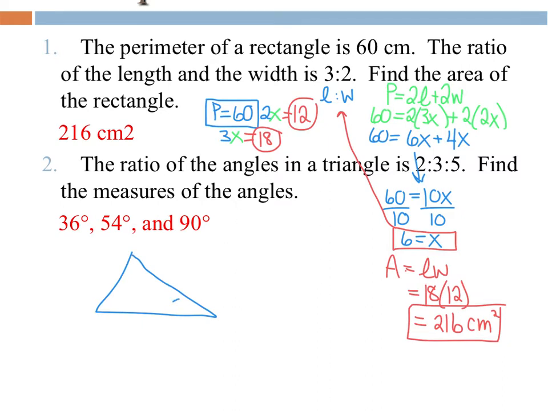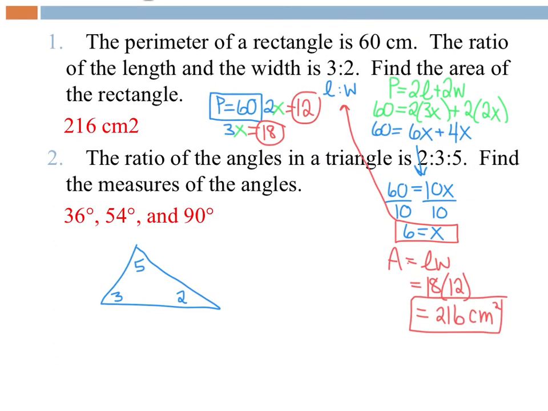And I know that the angles are 2 to 3 to 5. Just like in the previous problem, I know these angles aren't 2 degrees, 3 degrees, and 5 degrees. They were reduced by something. We write a ratio in reduced form. These three angles would not add up to 180. So what were they reduced by? We don't know. So when we don't know something in math, we usually just call it x.